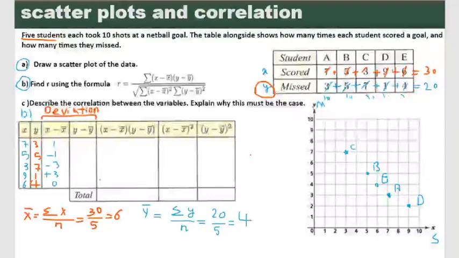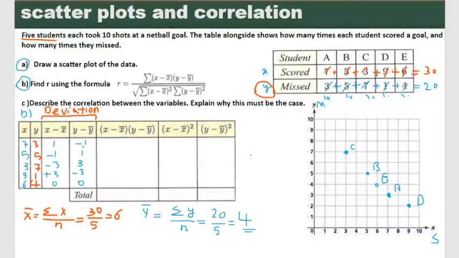My mean is 4 here, so for y we find the distance of each value from the mean. 3 minus 4 gives me negative 1. 5 minus 4 gives me 1. 7 minus 4 gives me 3. 1 minus 4 gives me negative 3. And 4 minus 4 gives me 0.